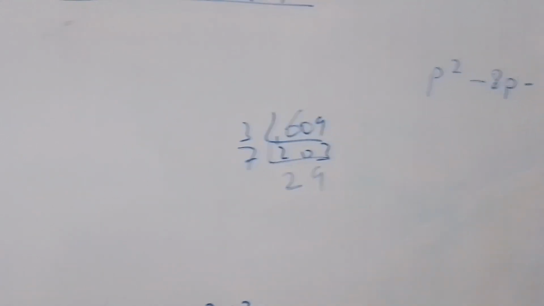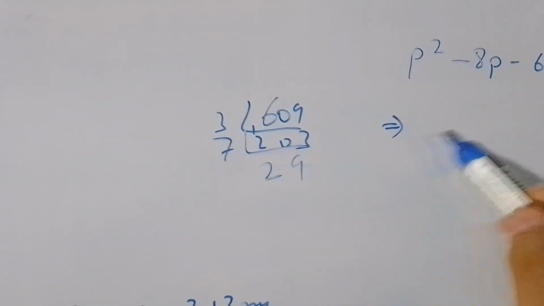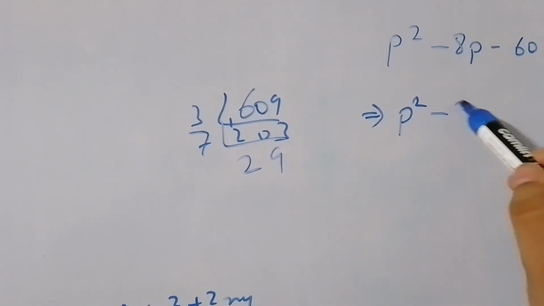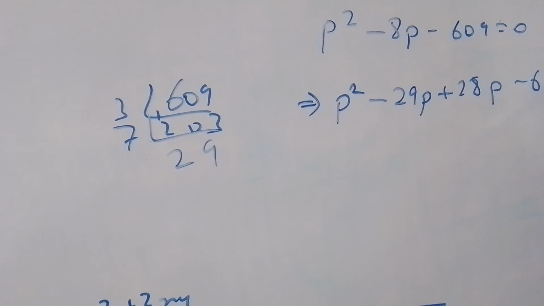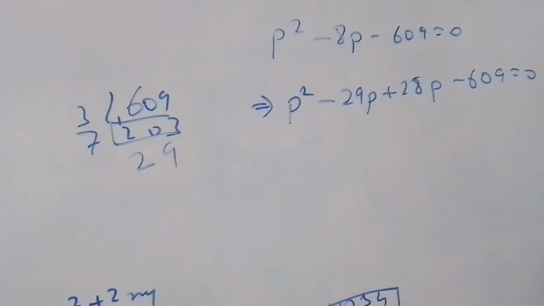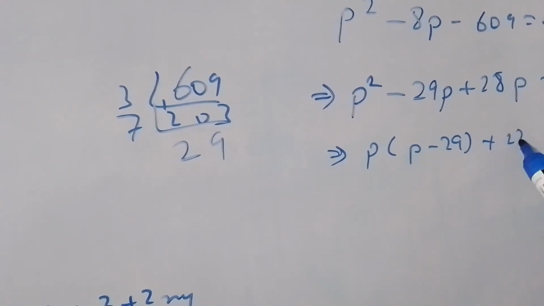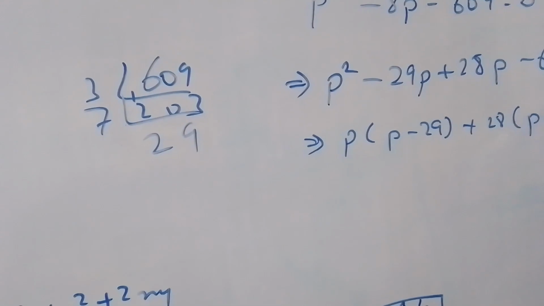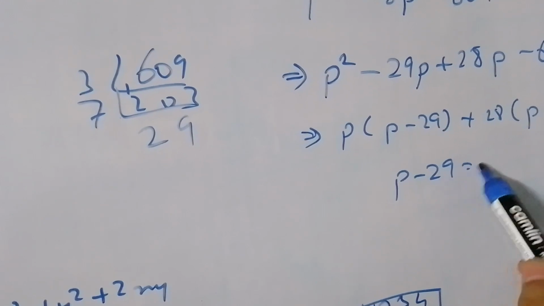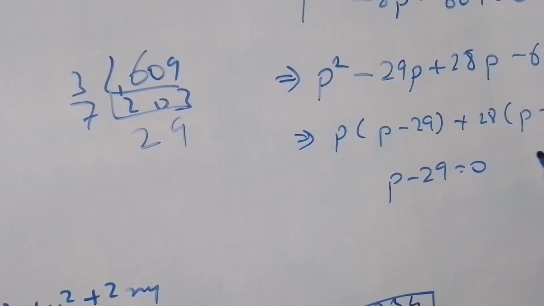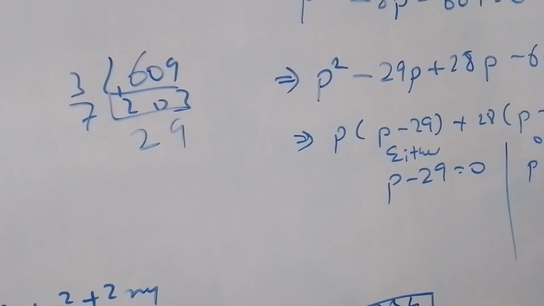Yeah, so basically we can find the middle terms like p square plus 21p minus 29p minus 609 equals 0. So if we take p common and 29 common from this side, we get p minus 29 times p plus 21 equals 0. So either p minus 29 equals 0, or p plus 21 equals 0.